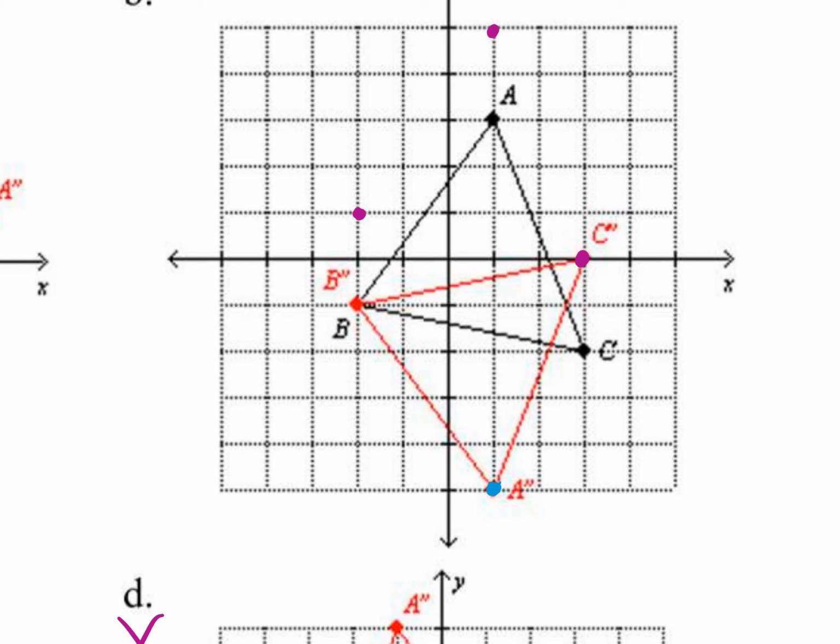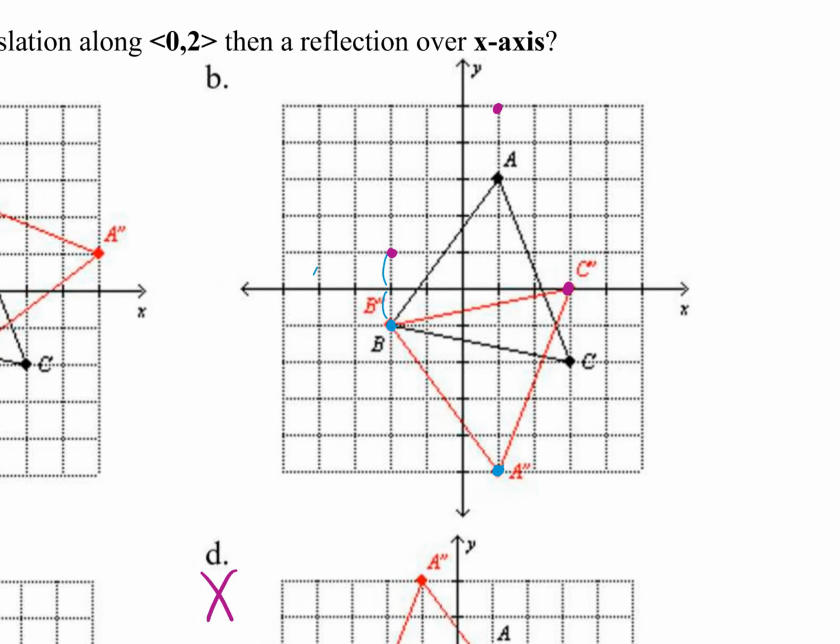C is on the x-axis, so you could say it's 0 away from the x-axis, so we're going to leave it where it's at. And then this point here is 1 away, so we will put that there. So this is the correct choice.